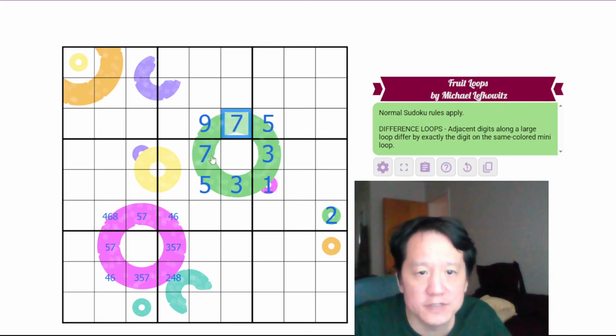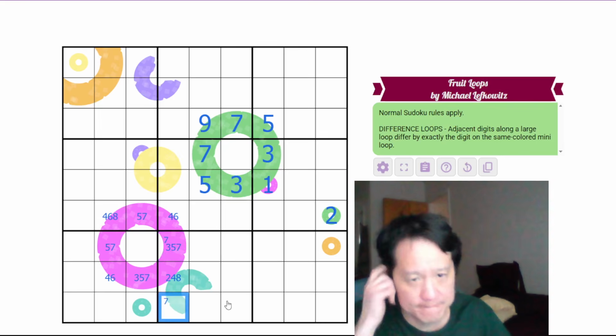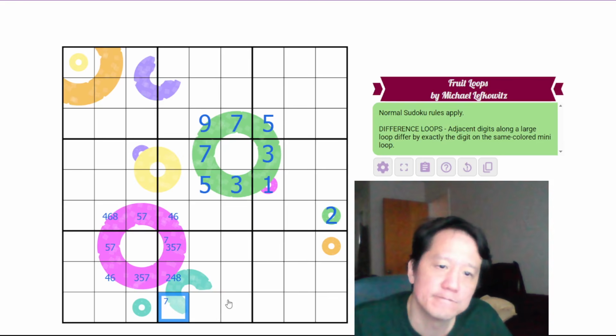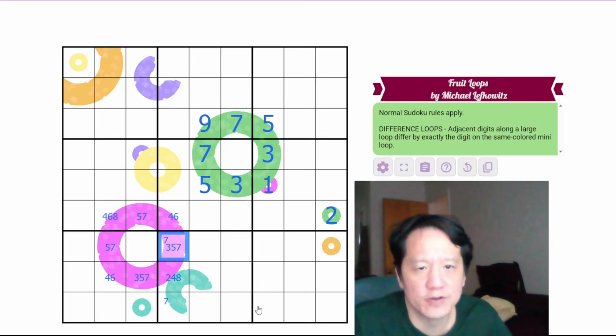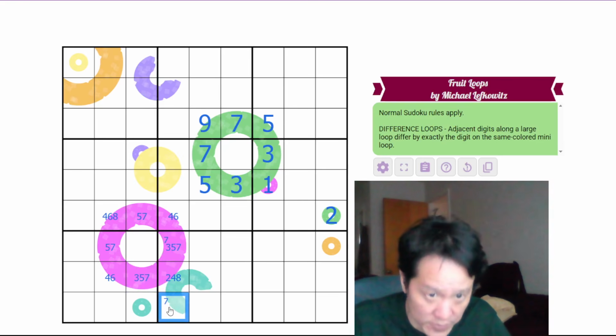Okay, 7 is here, 7 is here, which means 7 has to be one of these two. So if this were 7, that would mean this has to be 7 going here, then this is 8. That's possible. So you have 8, 7. Otherwise, this is 7.